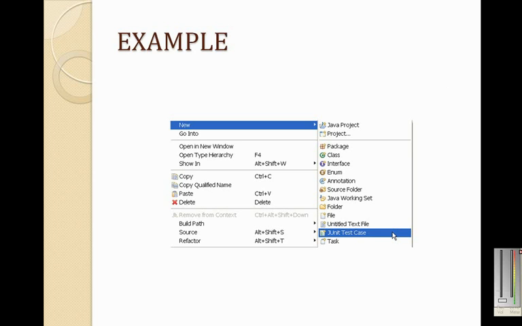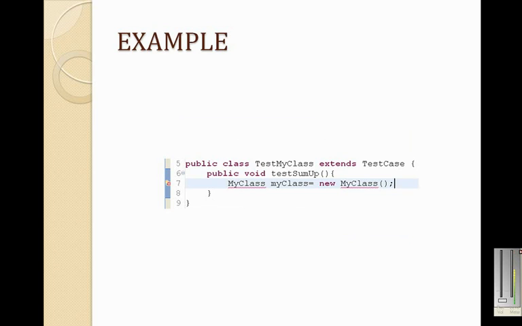Firstly, you need to create a test case for that requirement. As you can see, at the moment we don't have the class, MyClass, hence the Eclipse IDE is showing error on the code.